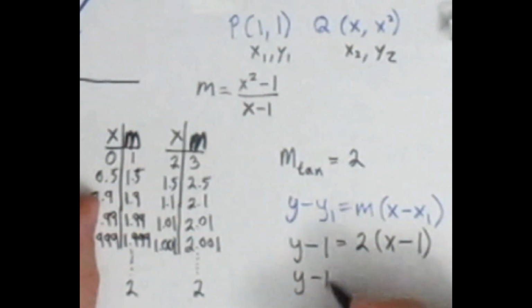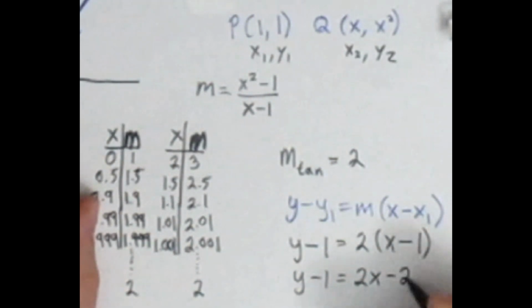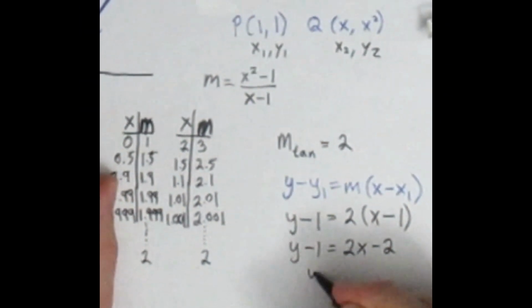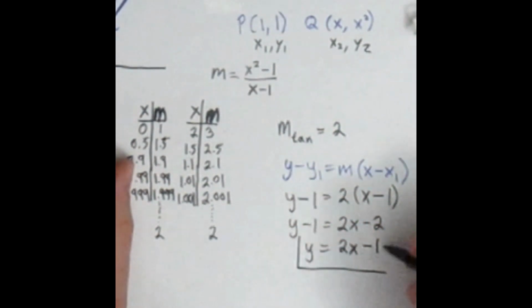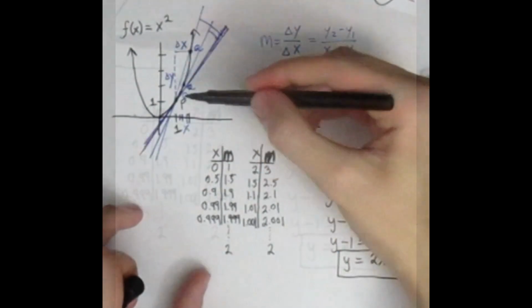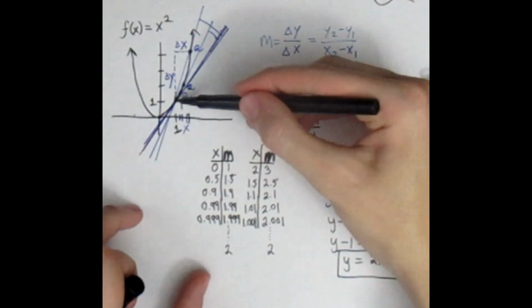So this is y minus 1 equals 2x minus 2. And adding 1 to both sides, we get y equals 2x minus 1. And that is the equation of the tangent line at the point 1, 1.